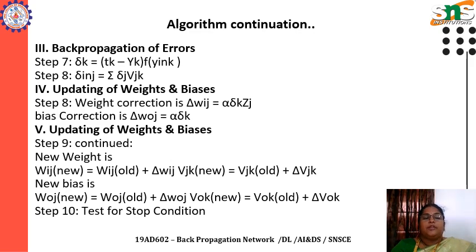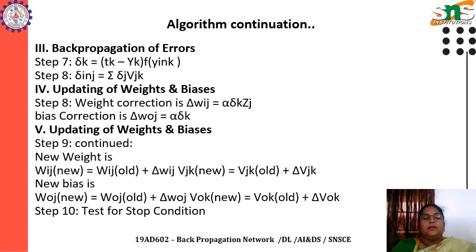In between, if there is any error, it is calculated in step 3, the back propagation error. It is represented as del k, which is equal to (tk minus yk) f'(ink), where f of ink is considered the output value. And in step 8, we have the input value, which is equal to the summation of del into vjk, where del is the activation function value and vjk is the hidden layer values.